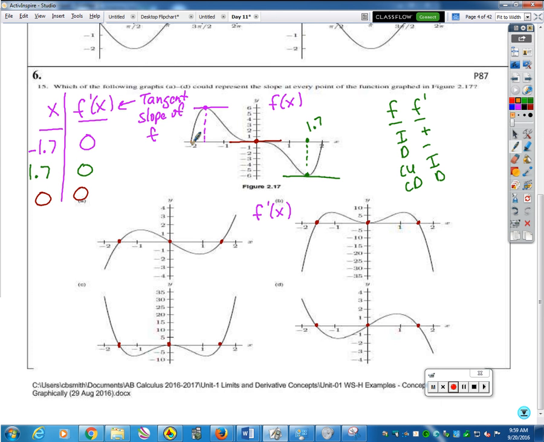So Deborah says, let's look right here. Right there, we say that F is increasing. So Deborah, if F is increasing from -2 to -1.7, that tells us what F prime does over the same interval.